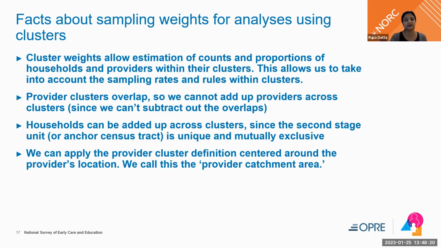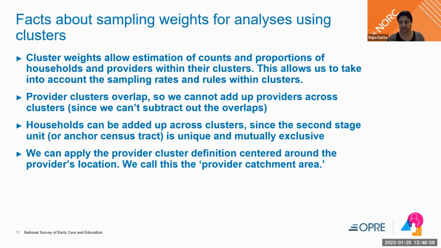This is probably the most binding restriction as people are thinking about how they might like to use provider clusters in their analyses, keeping in mind that those provider clusters themselves can't be used to generate nationally representative estimates unless they're linked to one of the main samples, and that sample's weights are used to generate the nationally representative estimates.